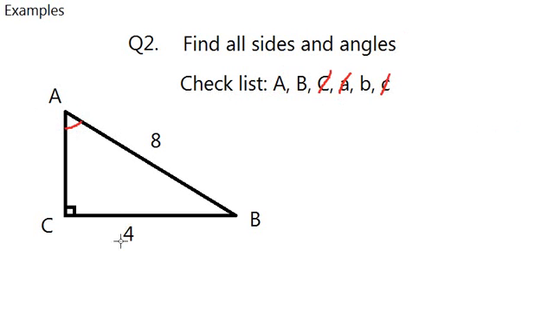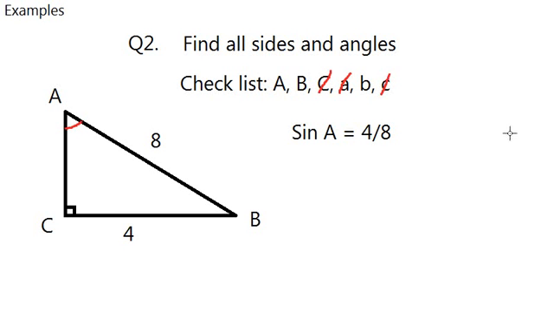We have the opposite equals 4, the hypotenuse equals 8, and therefore we can create the equation sine A is equal to opposite over hypotenuse, which is 4 over 8, or 4 divided by 8.